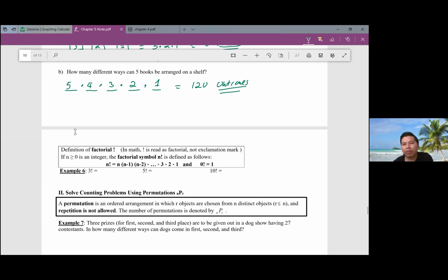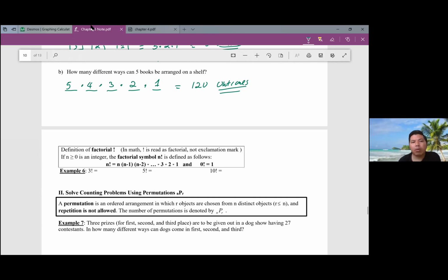So n factorial equals n times n minus 1 times n minus 2 times n minus 3 and so on, times 3 times 2 times 1. Very special, 0 factorial equals 1, because factorial is the same thing as how many ways we can rearrange something. How many ways can I rearrange the number 0? Only one way, by itself. Therefore, 0 factorial is 1, yes?